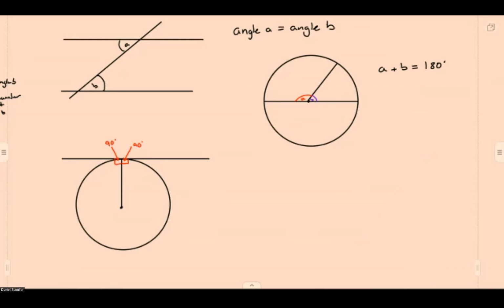Okay, 180 degrees is just a horizontal line. So in that, if angle B is 73 degrees, you'd find angle A by doing 180 minus 73, which would give you 107 degrees.